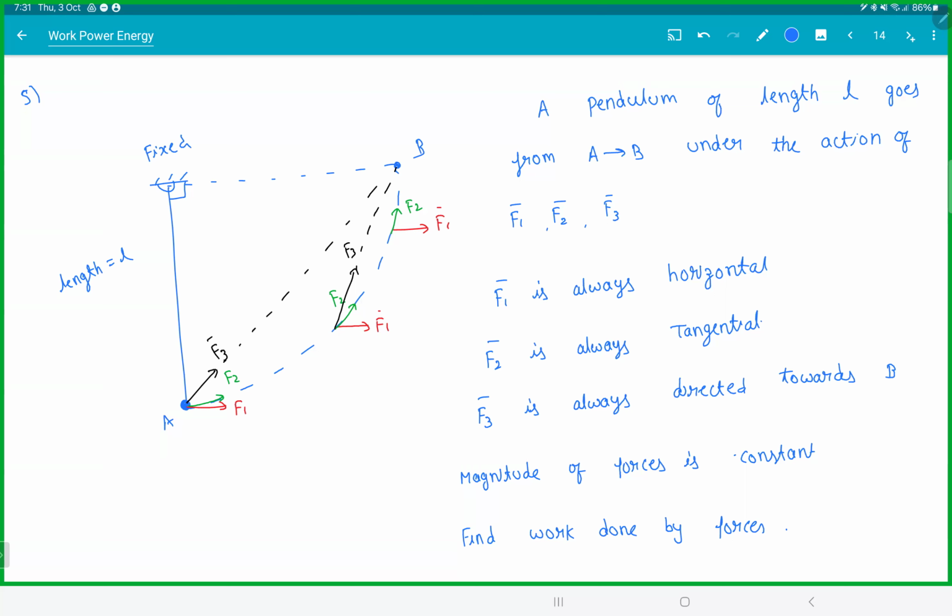Anyone didn't get the diagram or the question, please ask. Question is clear. Go ahead. I'll give you 2-3 minutes.